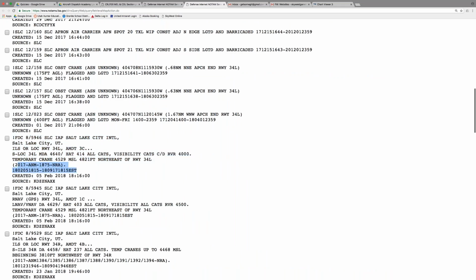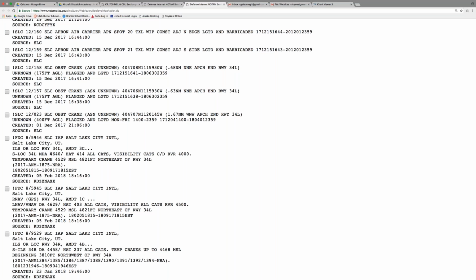Once again, date stamp. We've got Salt Lake City, Utah, ILS or Localizer for runway 34 left. This is Amendment 3C. So this is just saying the Localizer 34 left. The MDA is 4640.